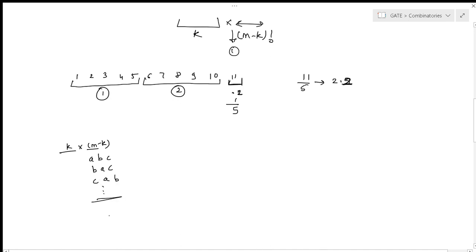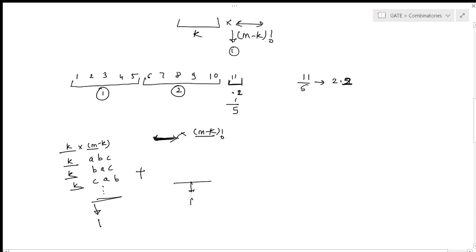So when I am dividing by m minus k factorial, all these combinations where the first part was common, I took them only once, and that was our goal, right? In the next case, now that this is counted only once, we will have some different combination for the first k elements, corresponding to which we had overcounted the m minus k factorial permutations, and by dividing by m minus k factorial, we are counting them only once.